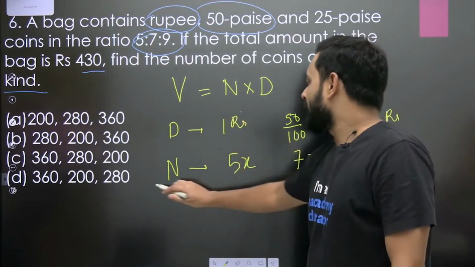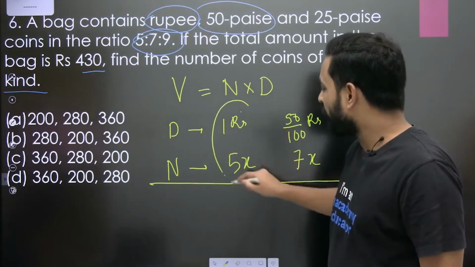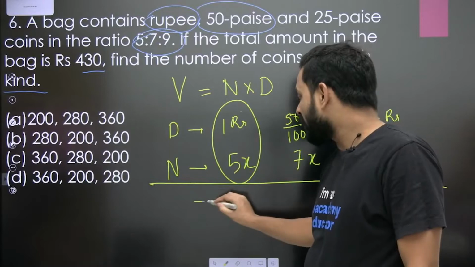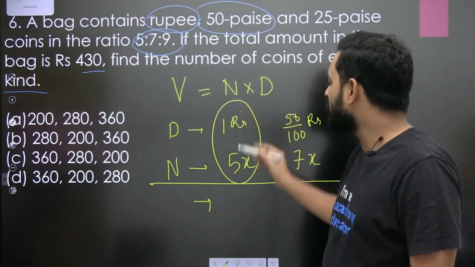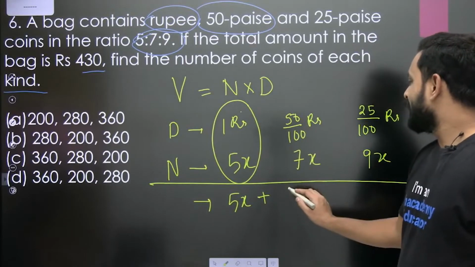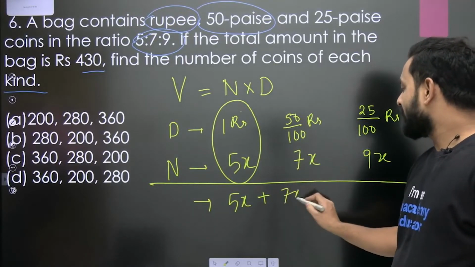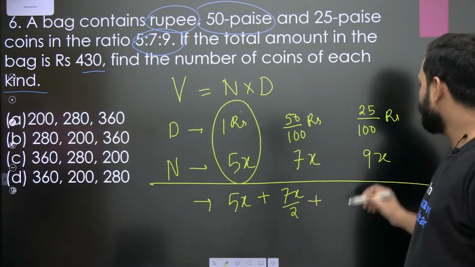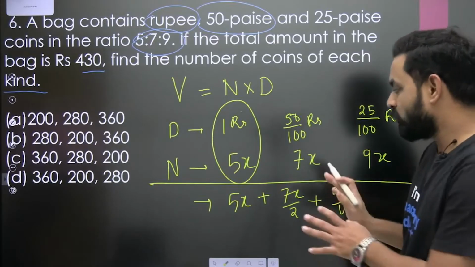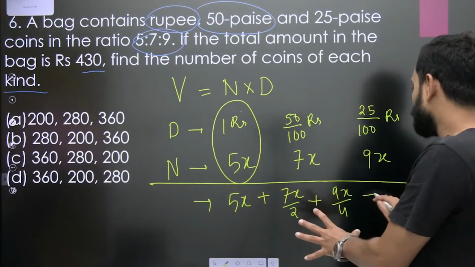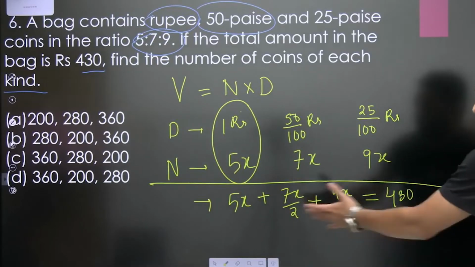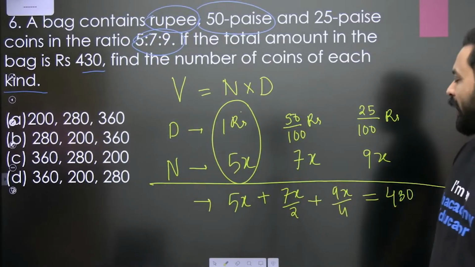Now, what will be the total value? Value is equal to number into denomination, so that will be 5x plus 7x by 2 plus 9x by 4. The total value has to be 430.